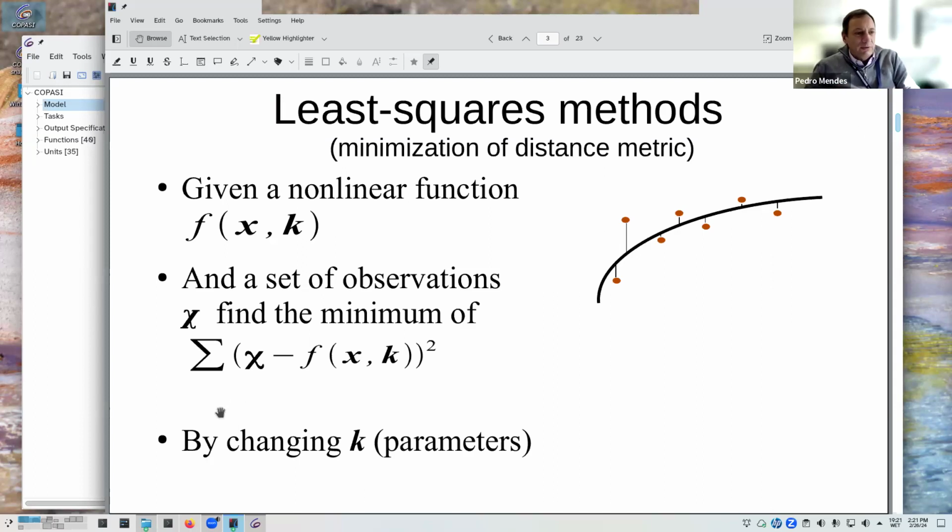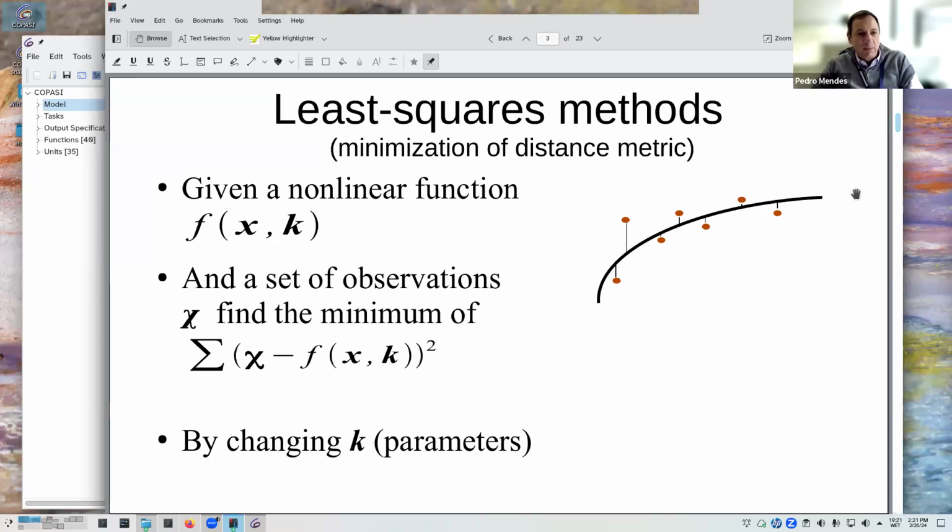This could have been done with a different metric. It could have been done with the absolute value, but unfortunately, that's a non-smooth function. The square function is better because it's a parabola, so it's continuous and in principle smooth if the data points are smooth. So how can we do this? How can we make the model approximate the data?